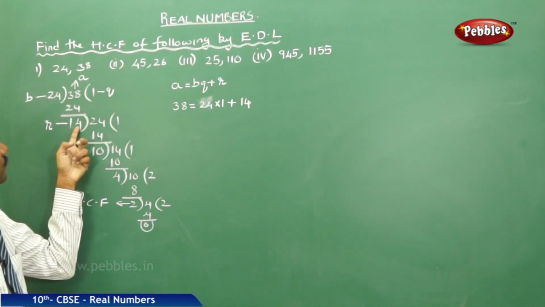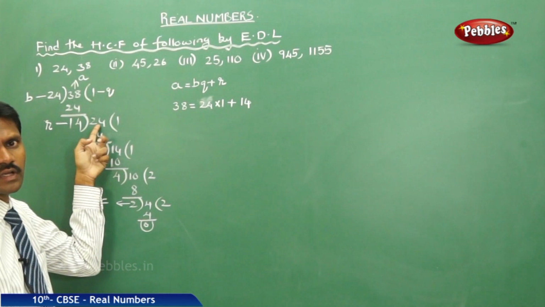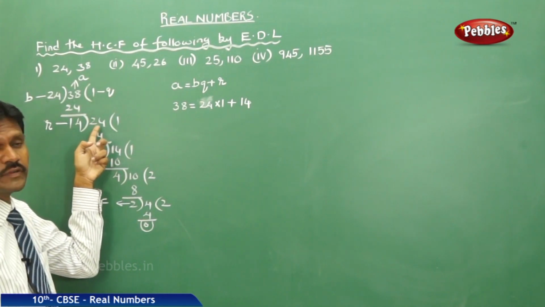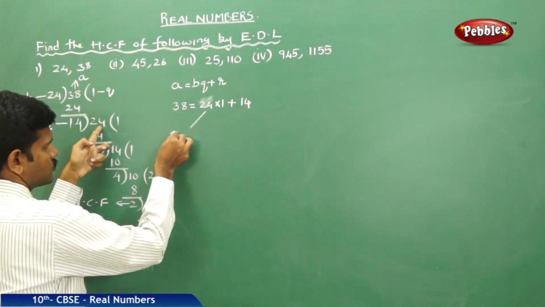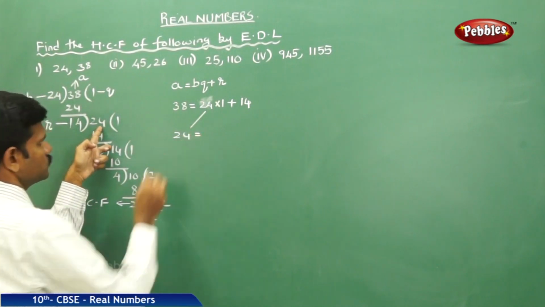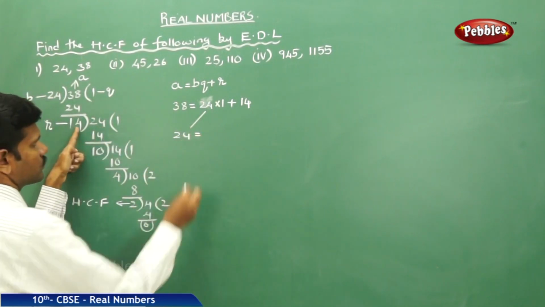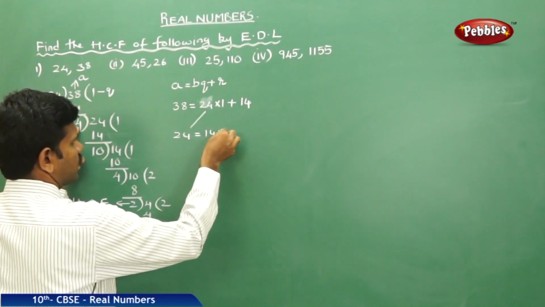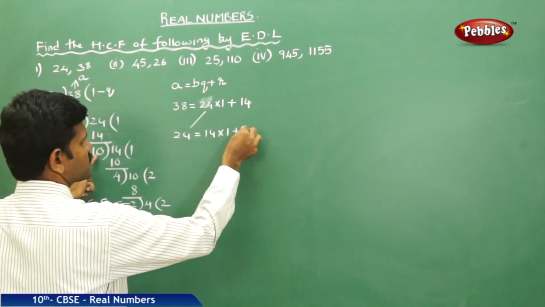In the second step, 24 is your new dividend. That is 24 = 14 × 1 + remainder 10.